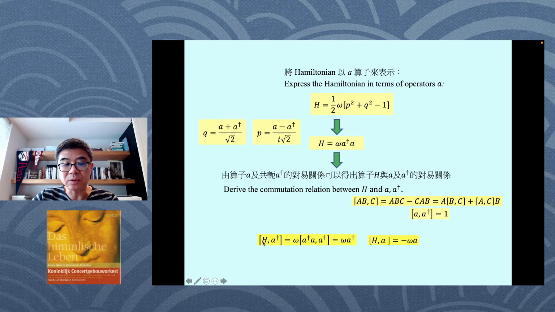The commutator between H and A dagger is omega A dagger, while the commutator between H and A is equal to minus omega A.